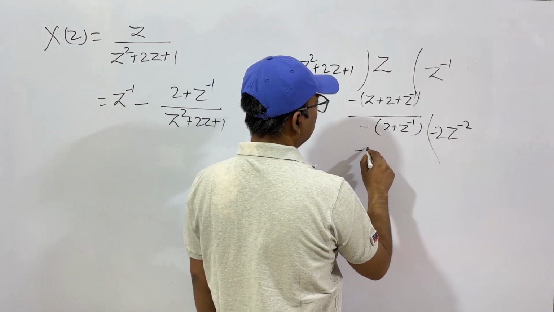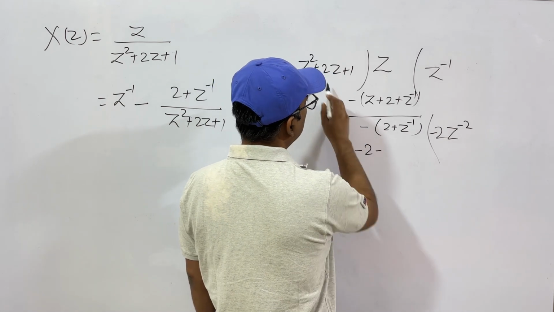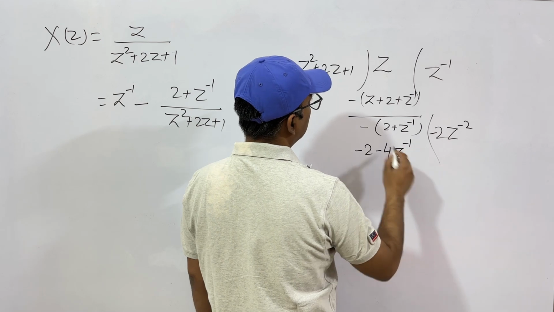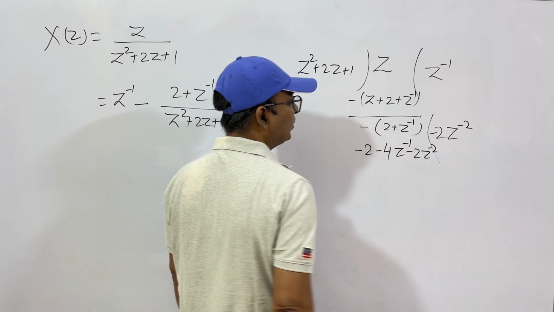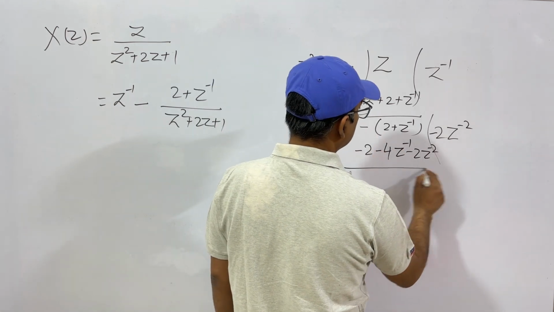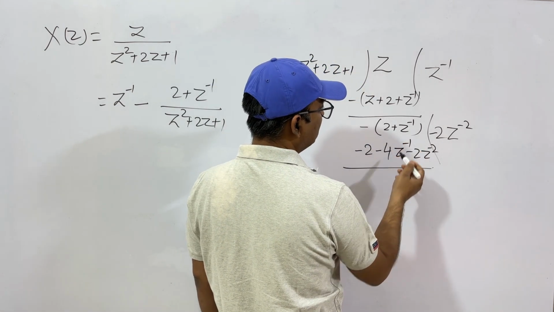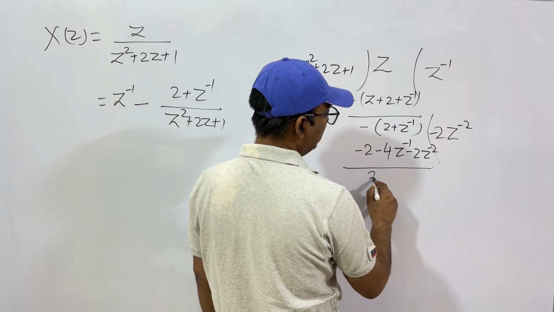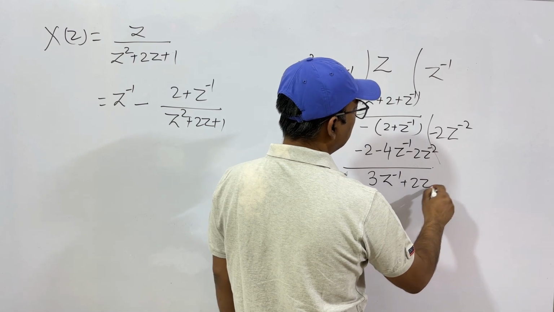You will get -2 here, then -2 into 2, 4, and z^(-1), then -2z^(-2). So this minus this is -2 + 2 gone, minus z^(-1) plus z^(-1)... so this will be 3z^(-1) and this is plus 2z^(-2).